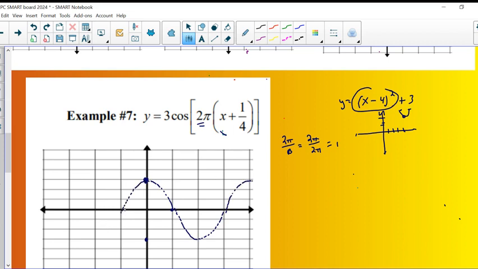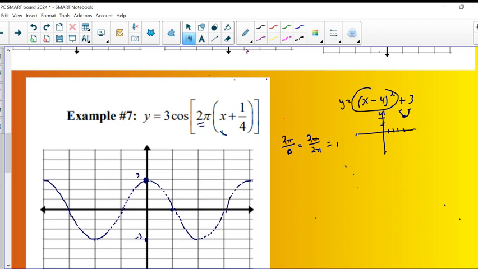So this would be our cosine graph exactly without the phase shift. Kind of ends like a W there. Okay. So this is 3, and this is -3.